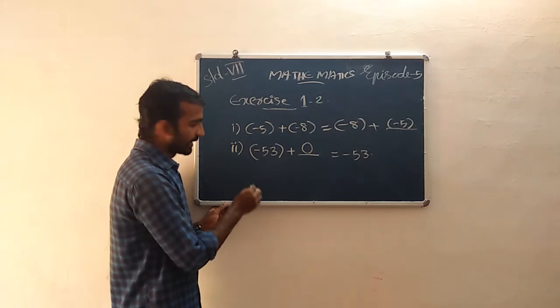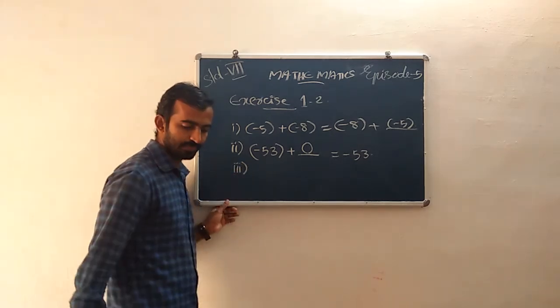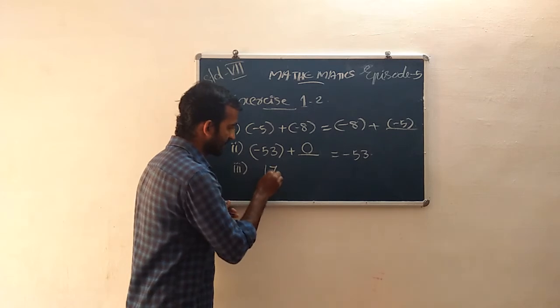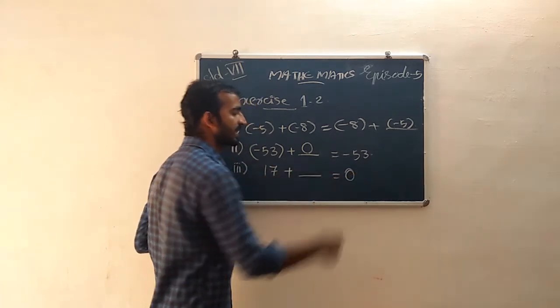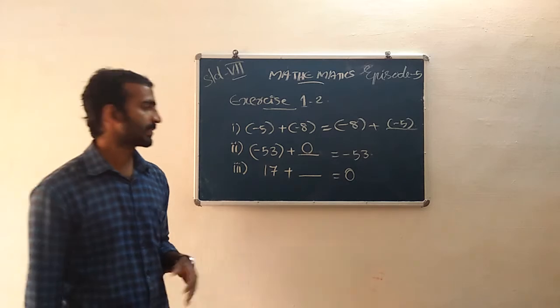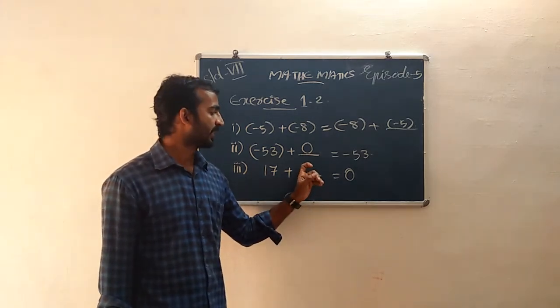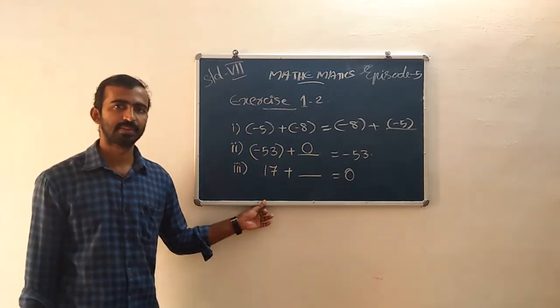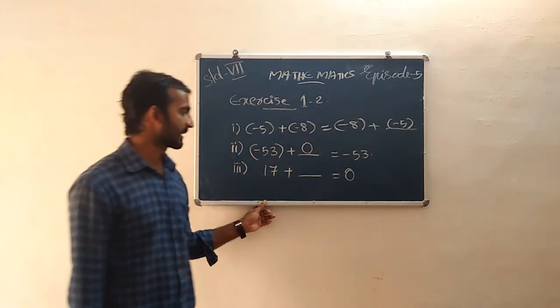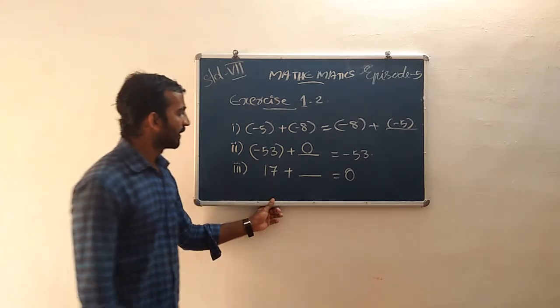The next statement is 17 plus dash equals 0. What is the answer here? Anyone can fill the blank?